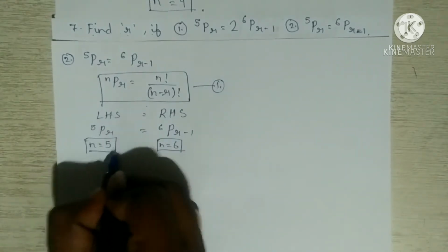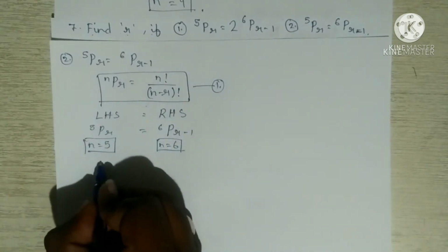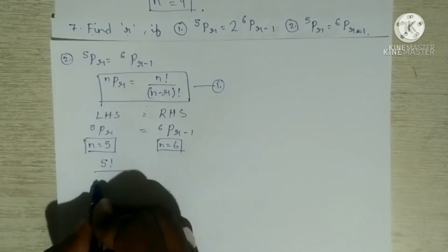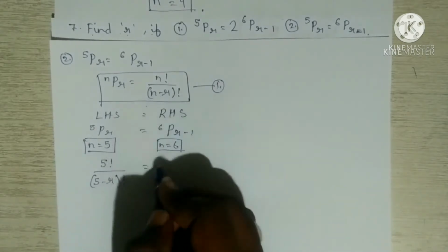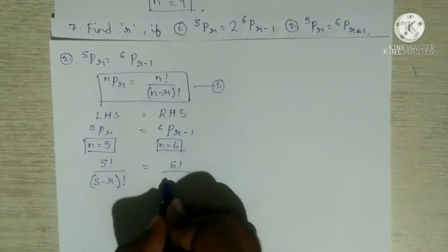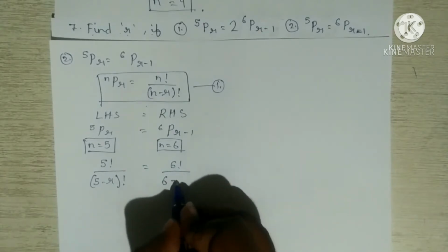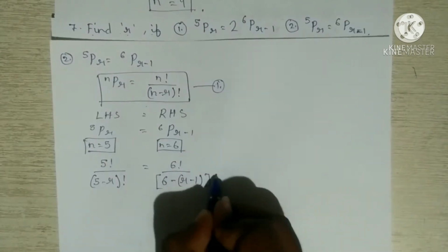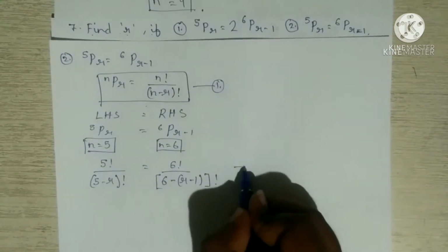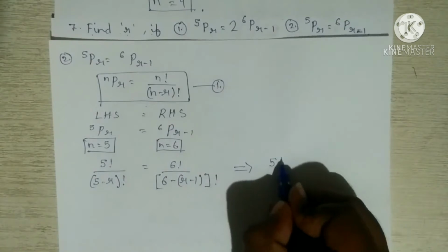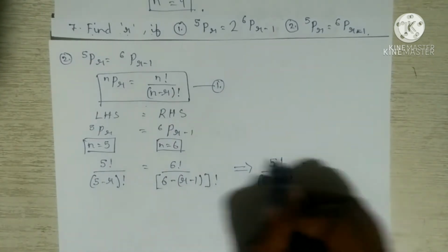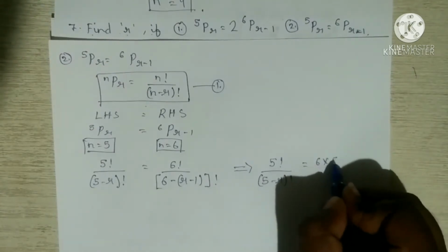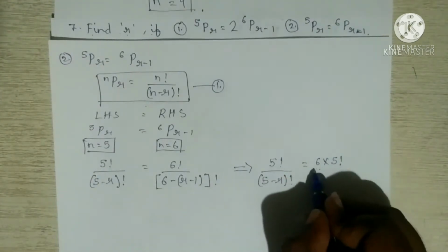Okay, substitute in the permutation formula. 5 factorial by (5 minus r) factorial, which will be equal to RHS side, 6 factorial by (6 minus (r minus 1)) factorial. This can be written as 5 factorial by (5 minus r) factorial, and 6 factorial can be written as 6 into 5 factorial, keep on decreasing.